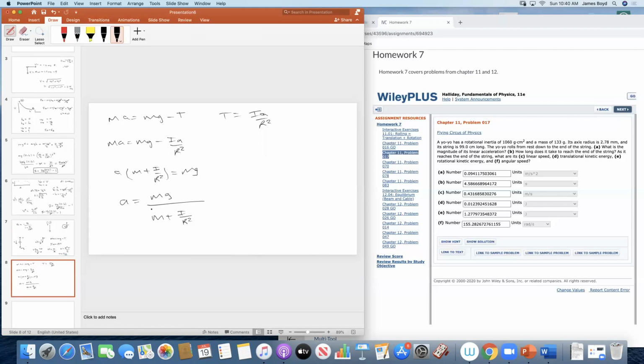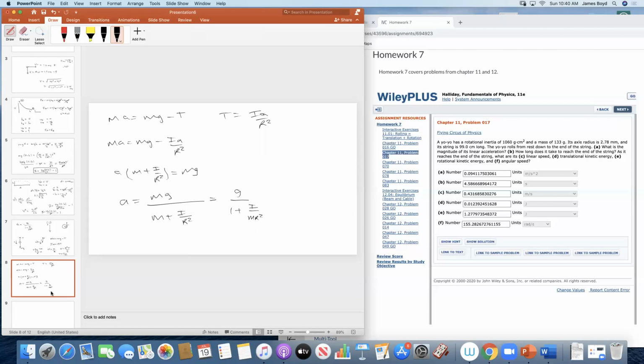If I multiply through by 1 over m, I get g over 1 plus I over m R squared. And so whatever I is for the yo-yo, we know that that gives us the acceleration.